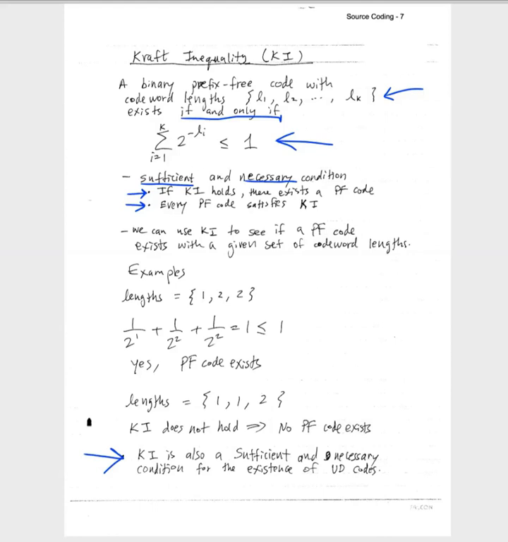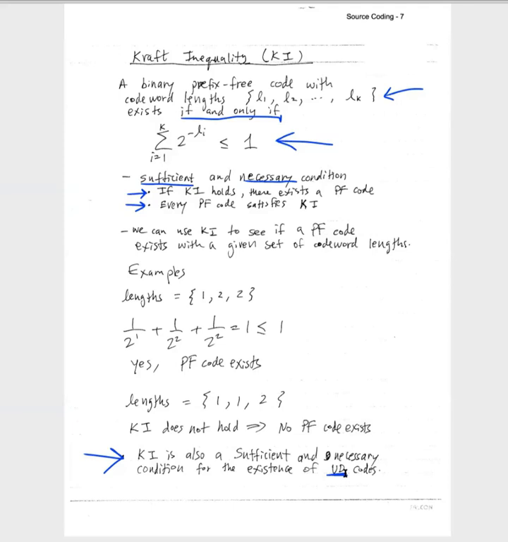What Macmillan showed is that this beautiful condition doesn't only tell you if prefix-free codes exist, it's actually sufficient and necessary for uniquely decodable codes, which remember was our main requirement. We require uniquely decodable codes just for basic functionality. We desire prefix-free codes because they help us decode faster, right? The decoding latency is reduced.